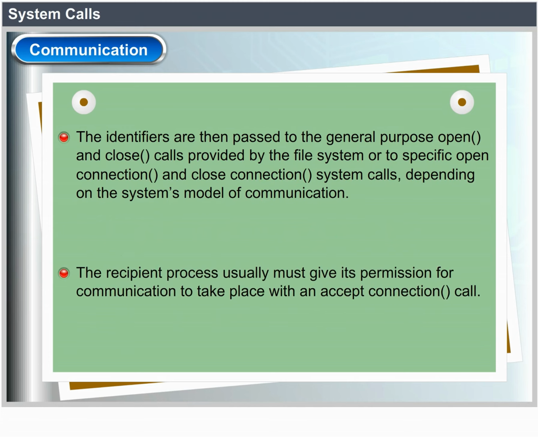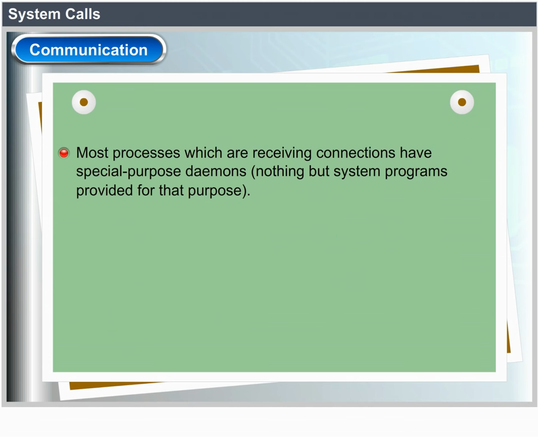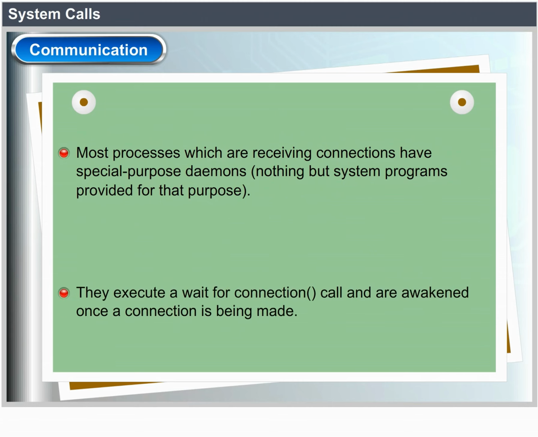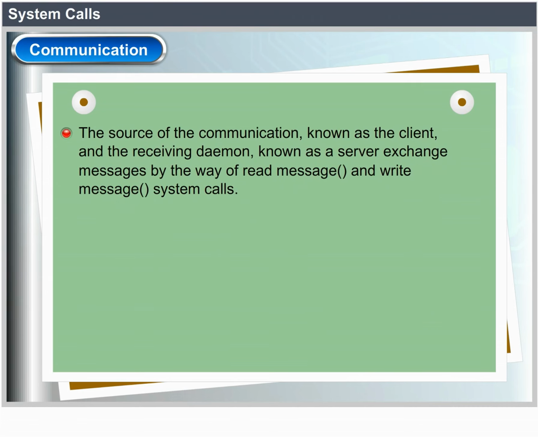Most processes that will be receiving connections are special purpose daemons, which are system programs provided for that purpose. They execute a wait for connection function call and awaken when a connection is made. The source of the communication, known as the client, and the receiving daemon, known as a server, then exchange messages by using read message function and write message function system calls. The close connection function call terminates the communication.